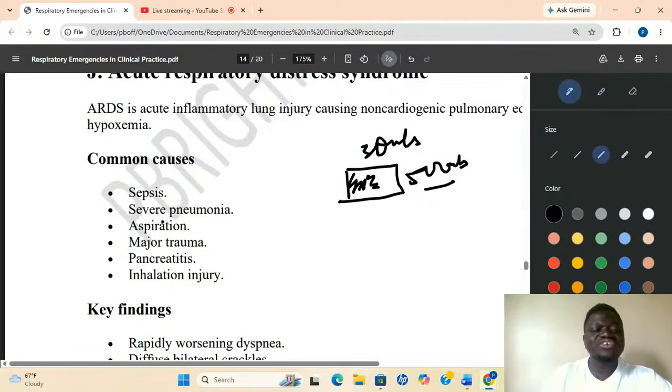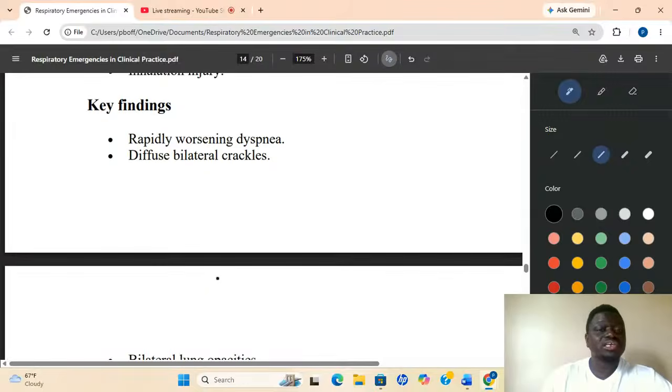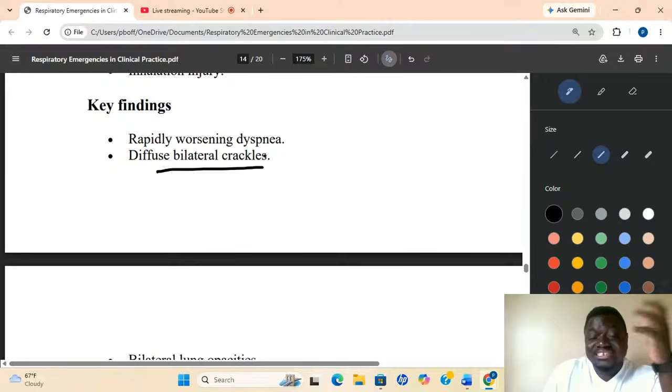So you get severe pneumonia. Some of the causes: aspiration, major trauma, pancreatitis, inhalation injury. How are we going to see it? Definitely there are going to be bilateral crackles. Dyspnea is getting worse day by day.